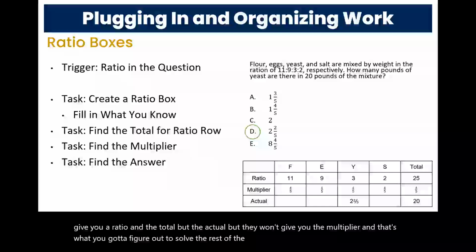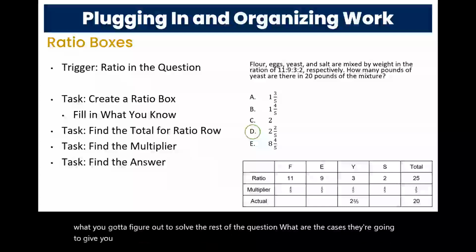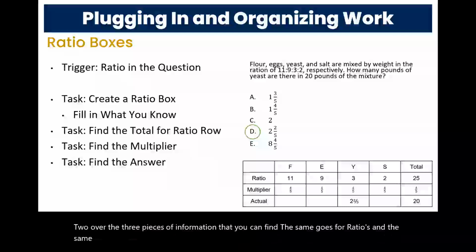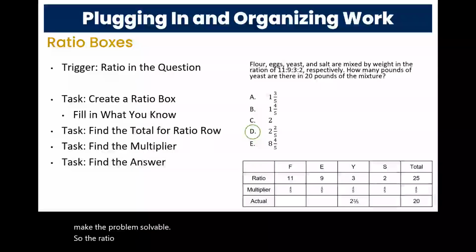Whatever the case is, they're going to give you at least two of the three pieces of information. The same goes for ratios and for averages, because they've got to give you at least two of the three things to make the problem solvable. So the ratio box, there you go.